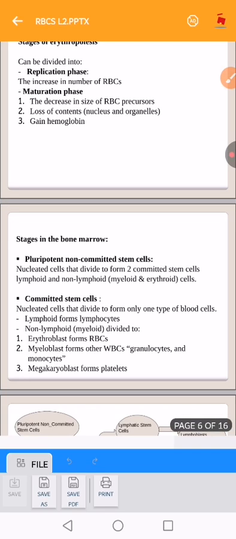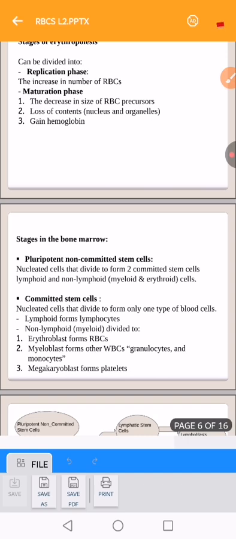As we know, we have pluripotent non-committed stem cells. These are the stem cells in the bone marrow that give us many types, or all the types, of blood cells. The pluripotent stem cell is a nucleated cell.